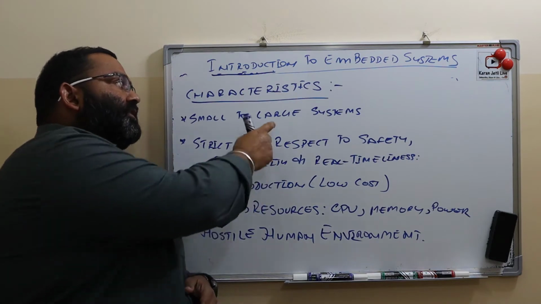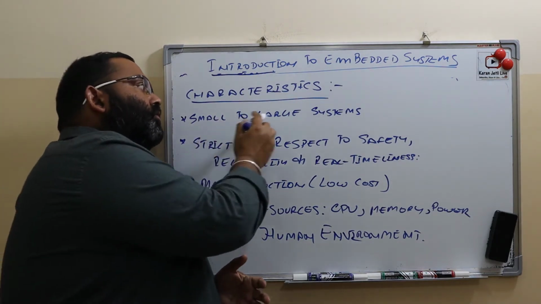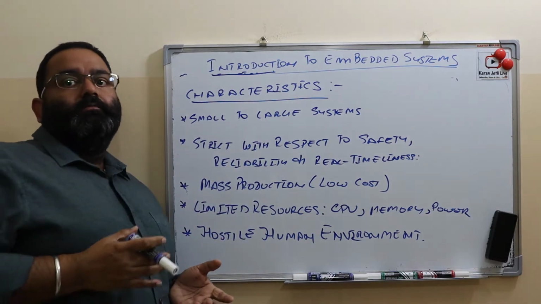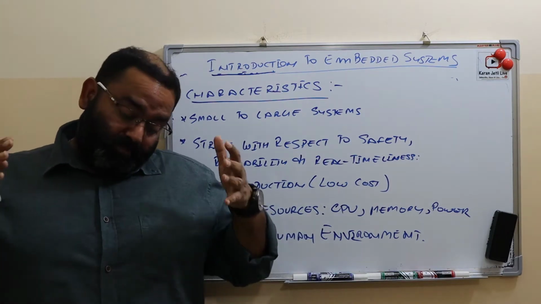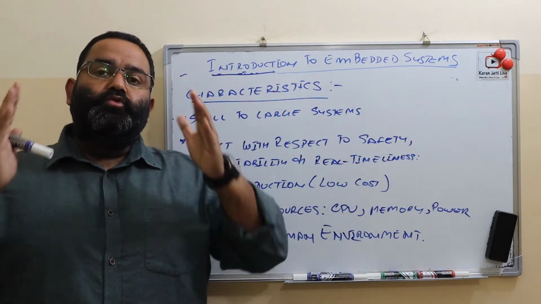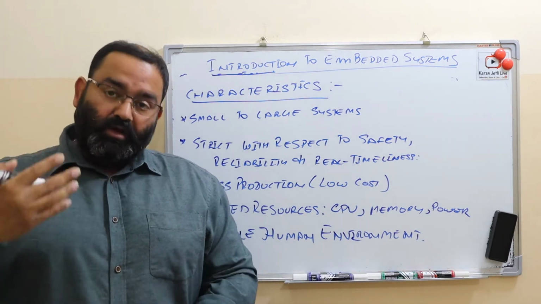And guys, these are some characteristics of embedded systems. They can be small, they can be large. By small, they can be embedded into a microwave. By large, embedded systems can be used to automate a full industrial production process, for example car manufacturing.